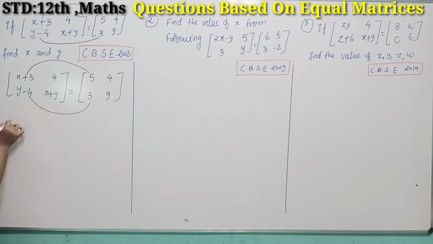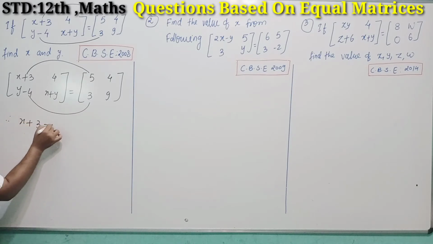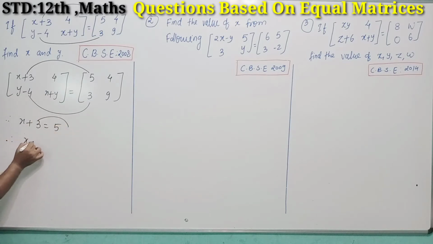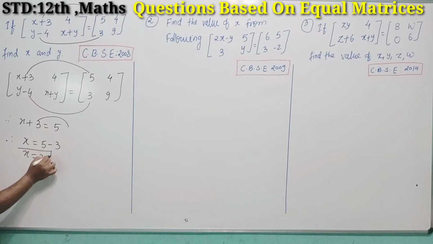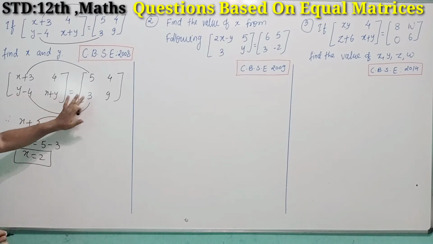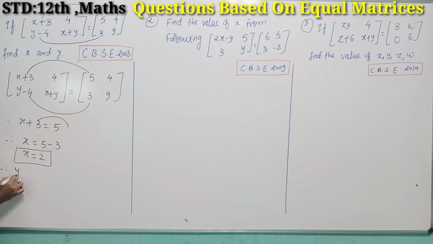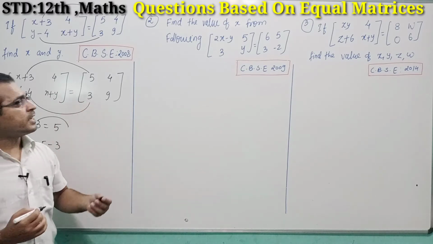So x plus 3 is equal to 5, so x is equal to 5 minus 3, x is equal to 2. In a similar way, you can compare y minus 4 with 3. So y minus 4 is equal to 3, y is equal to 3 plus 4, so y is equal to 7. Right students?